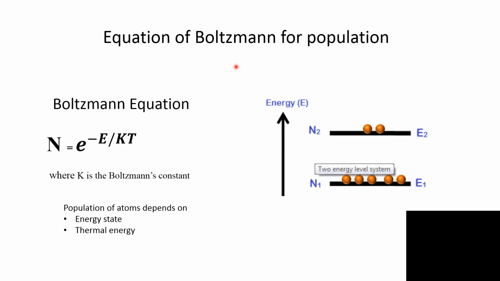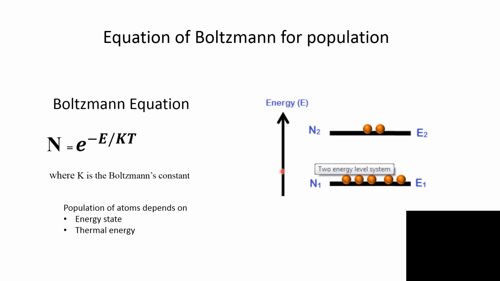The population of energy levels we can find out by using the Boltzmann equation. So what is this Boltzmann equation? It is N is equal to exponential minus E over kT. Here E is the energy level, k is the Boltzmann constant, T is temperature, and N is the population.